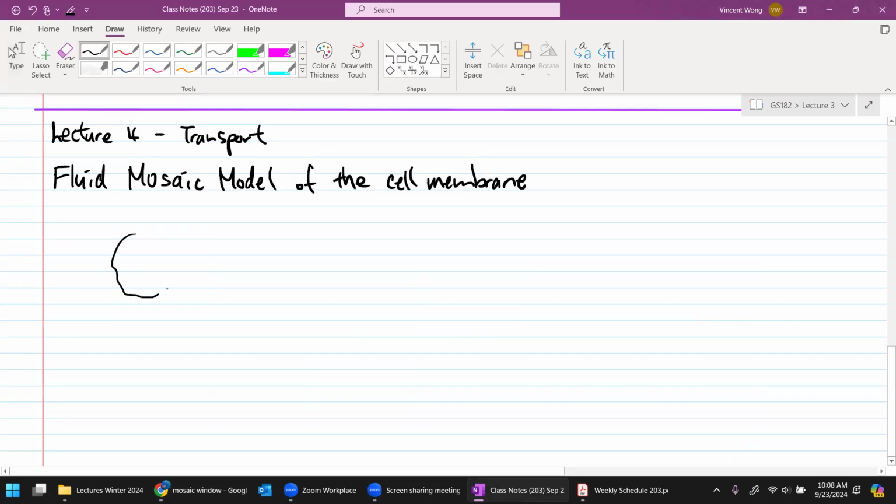So here we have a cell. I'm just going to do an animal cell. It doesn't really matter. And of course, that's the nucleus. And we are going to be taking a slice of the cell membrane.